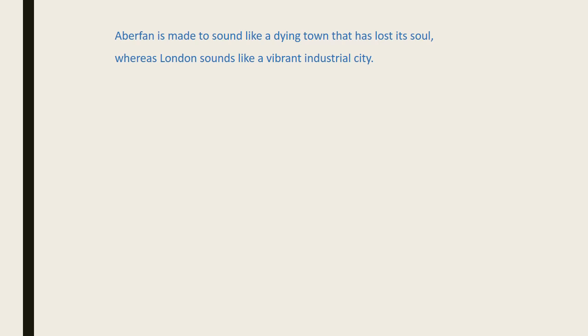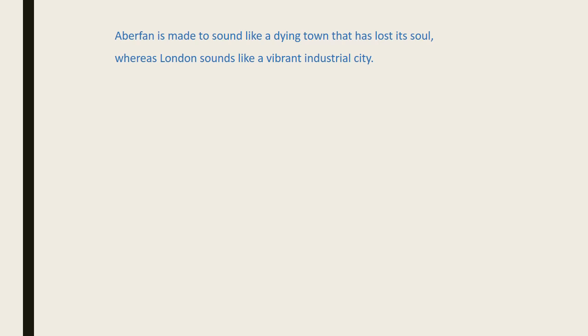Use of the connective whereas, which is a connective of comparison and a connective that points out the difference between something. So again, something that can be used in the same way that but, however, any of those could be the same. Just a little point. If you use however, however can't come after a comma. It would always be after a semicolon or a full stop.